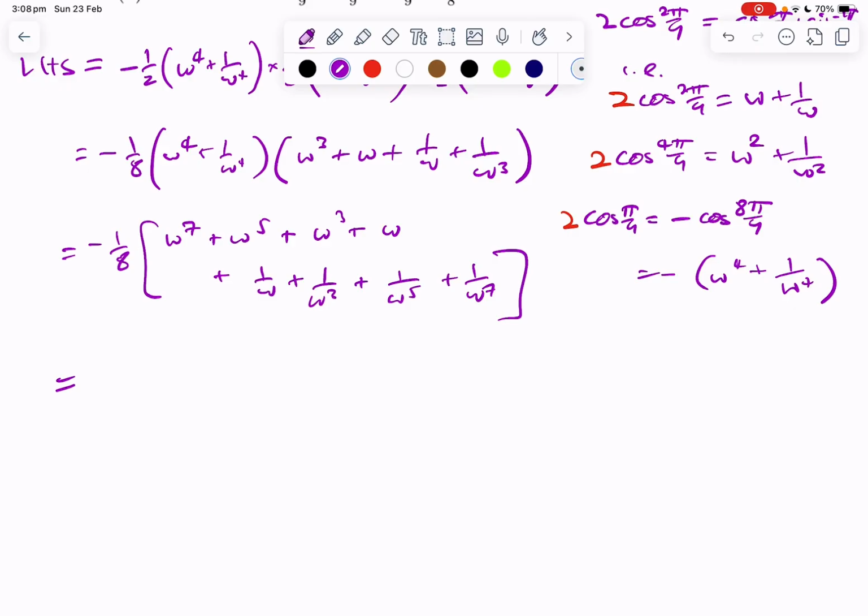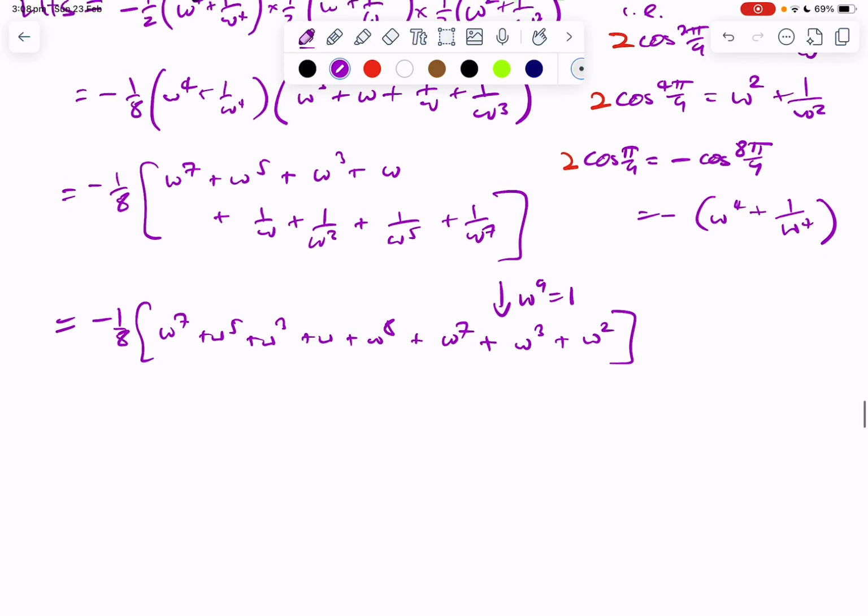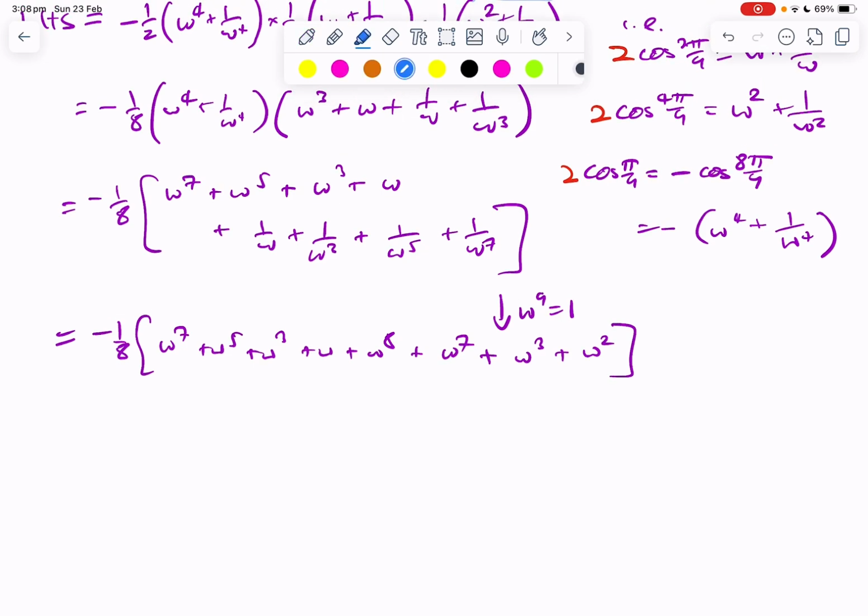But if you just use the fact that omega to the 9th is 1, which we already knew, you're going to rewrite this as omega to the 7th plus omega to the 5th plus omega cubed plus omega plus, I'm going to multiply by omega to the 9th here and get omega to the 8th, and then omega to the 7th plus omega cubed plus omega squared, okay? And then what are we left with? Well, we're left with omega to the 1, omega squared, omega cubed, omega to, oopsie.